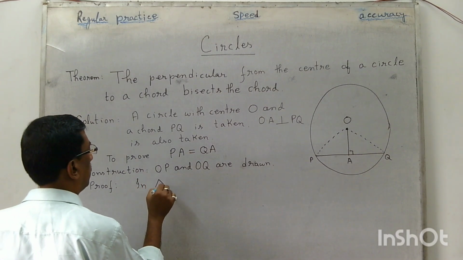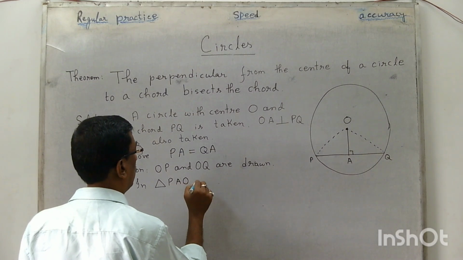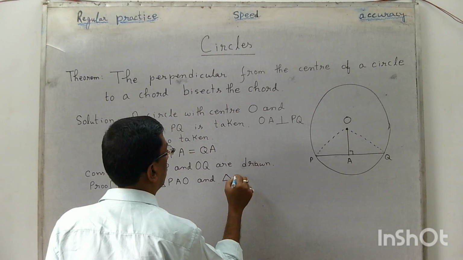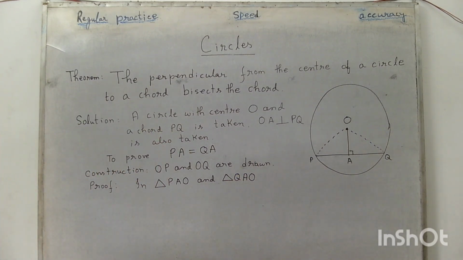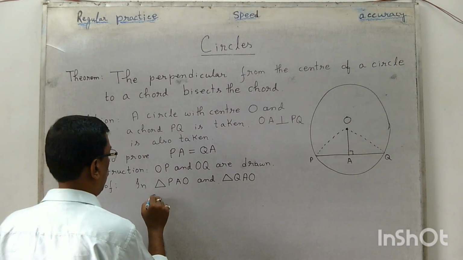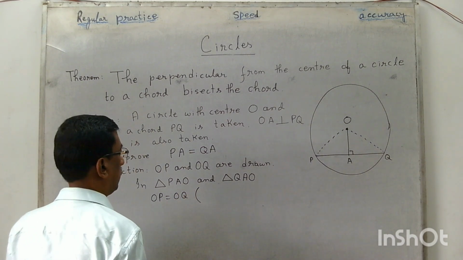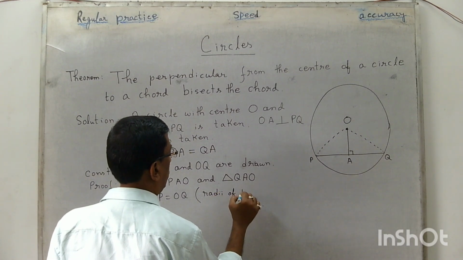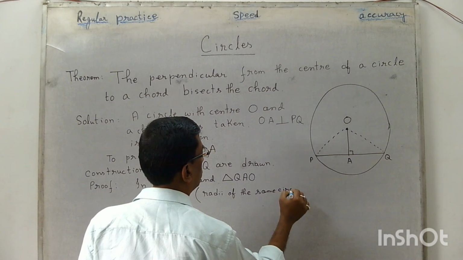In triangle PAO and triangle QAO, OP equals to OQ, radii of the same circle.